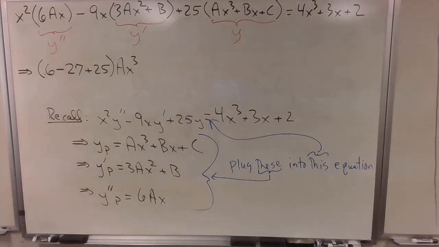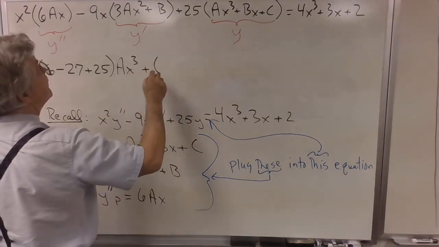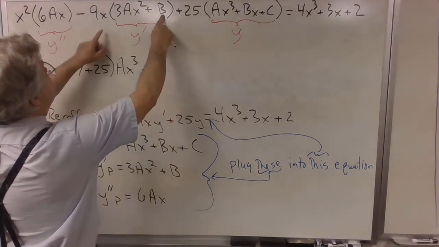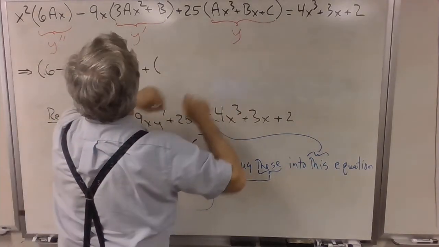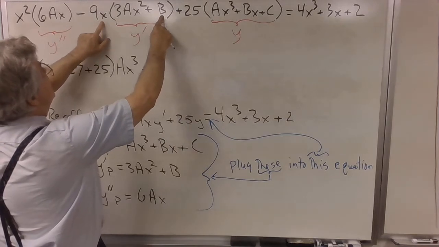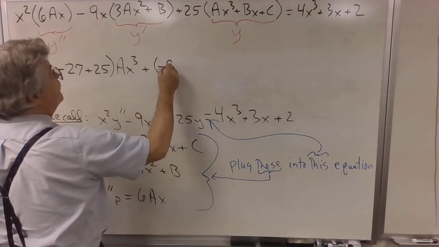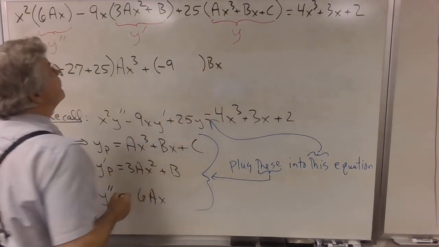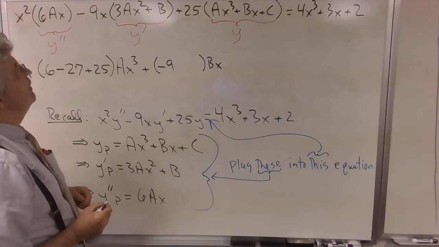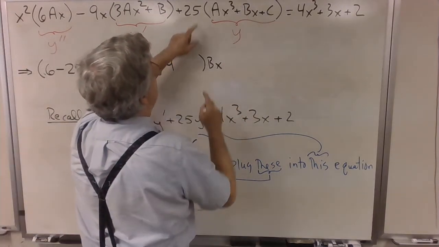Now I guess I'll look at my x's. I have bx here and bx here. Here I have negative 9bx. And here I have 25bx.